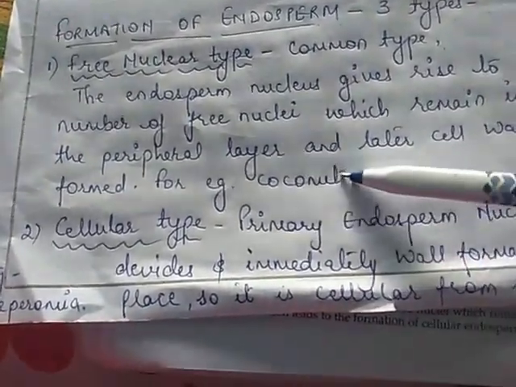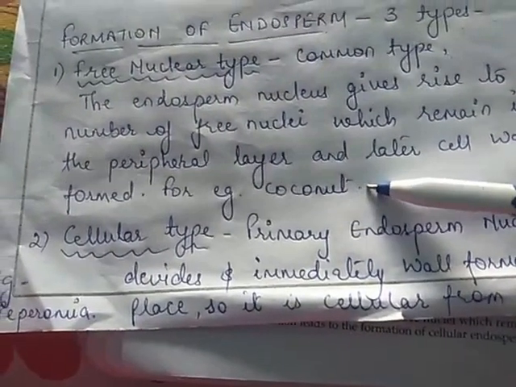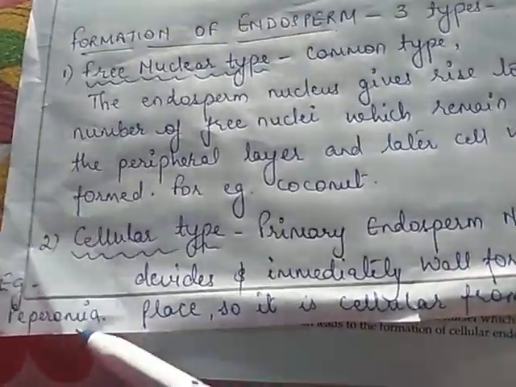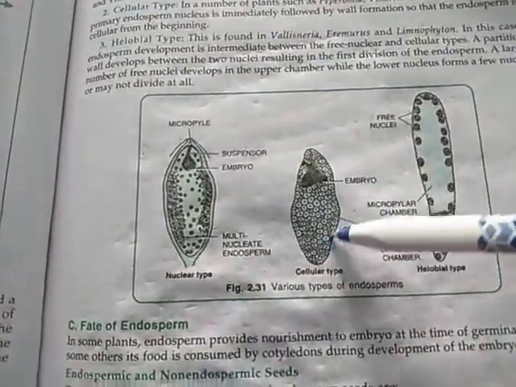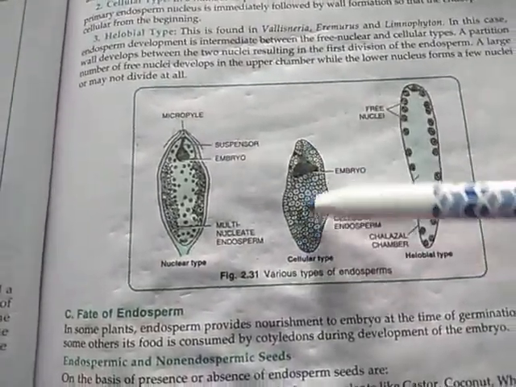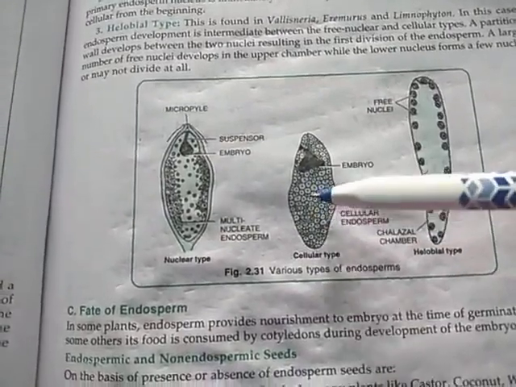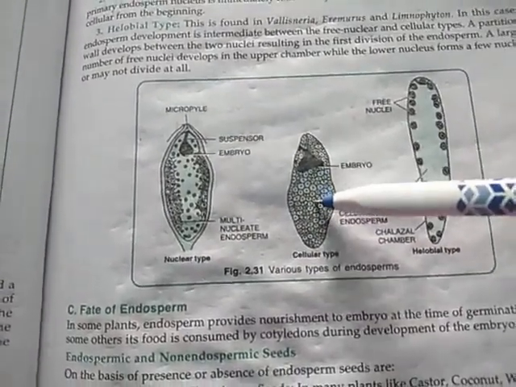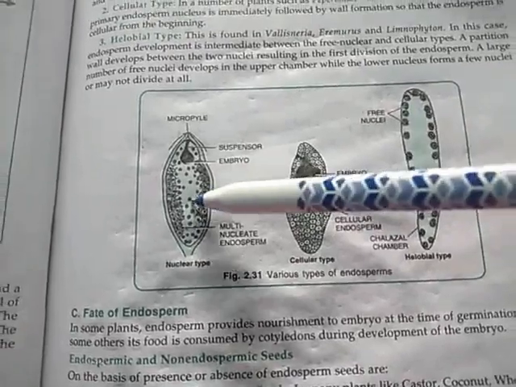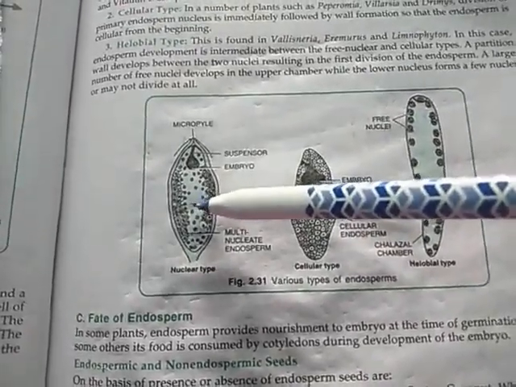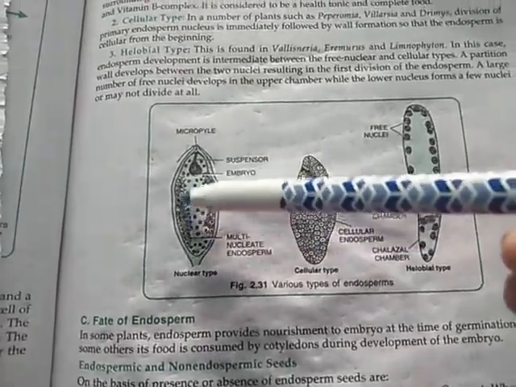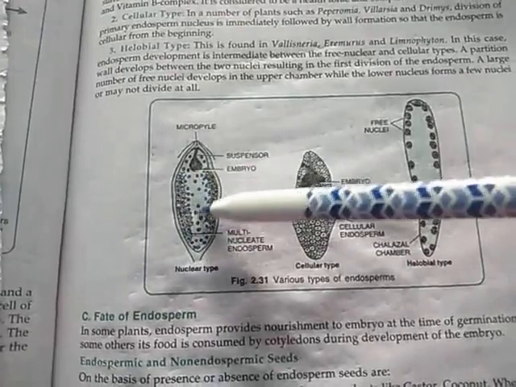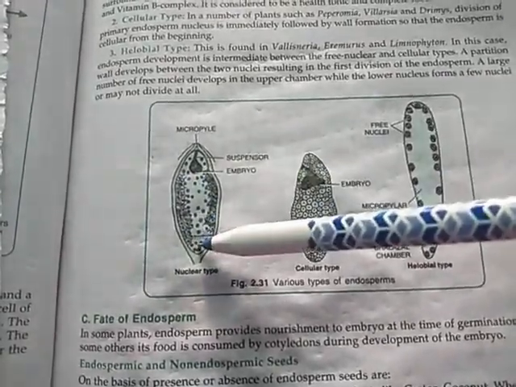So not in the case of coconut, where we have free nuclei; we don't have them in Peperomia. In Peperomia there will be a cellular type of endosperm, which will be like this. This is fully cellular type. You cannot see any free nuclei in this. So this is a hard, tough endosperm. This is the coconut type, which is the little white portion that you eat, and the liquid portion is in the form of free nuclei.